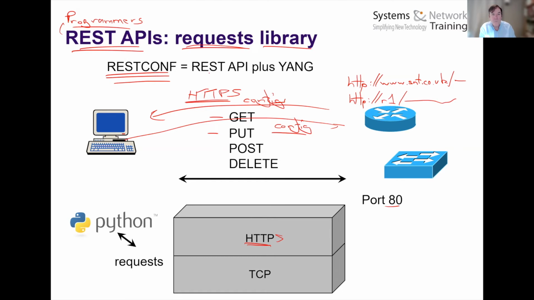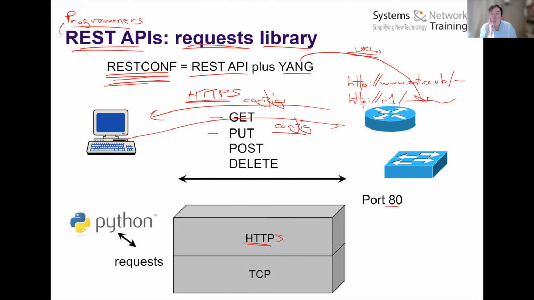What you'll find is the URLs are actually specified by Yang. So what is RESTCONF? RESTCONF is using the REST API, but you're using Yang to specify what URLs are allowed to be used and which URLs we use to get the interfaces, etc. Which is pretty neat, really.